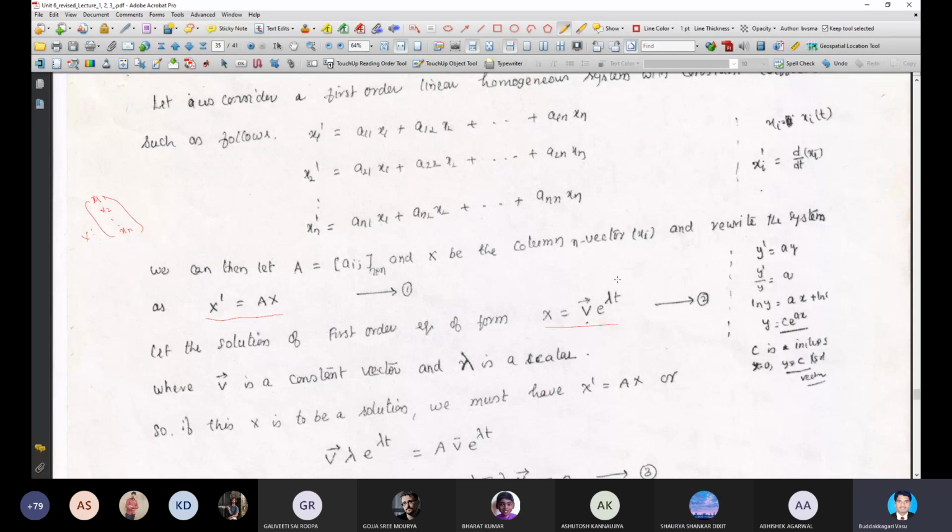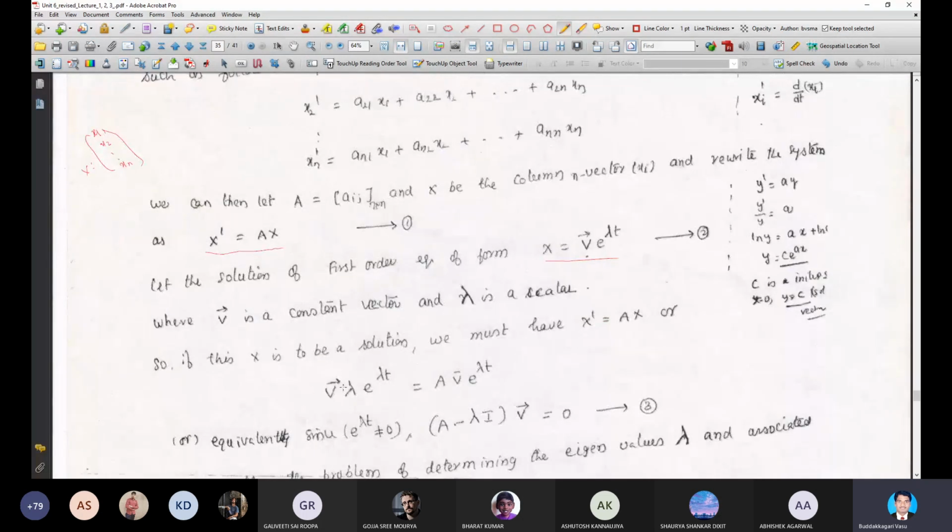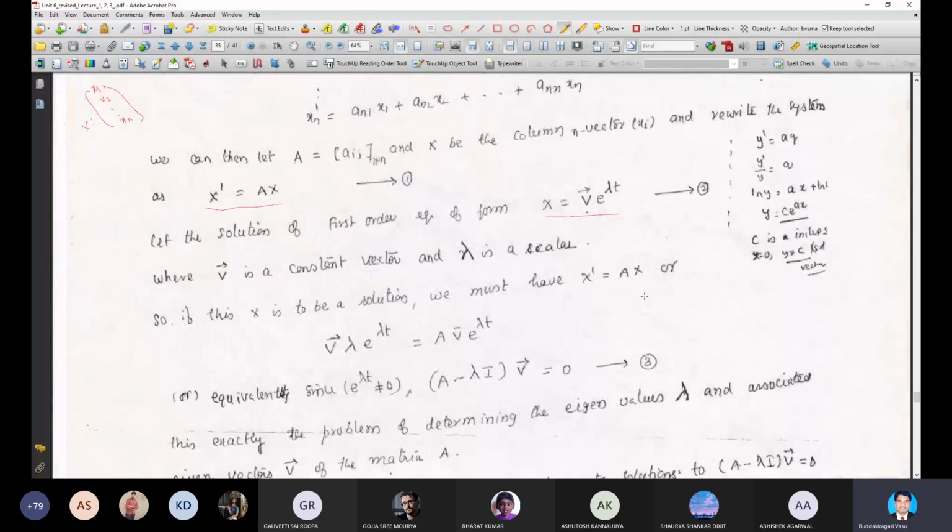Suppose this is the solution, it must satisfy the differential equation. So when x is a solution, it must satisfy this equation. That means x dash is v bar, differentiating with respect to t, e power lambda t into lambda. So v bar lambda e power lambda t is equal to a into x, that is a v bar e power lambda t.